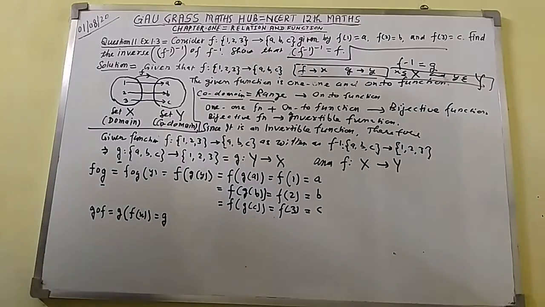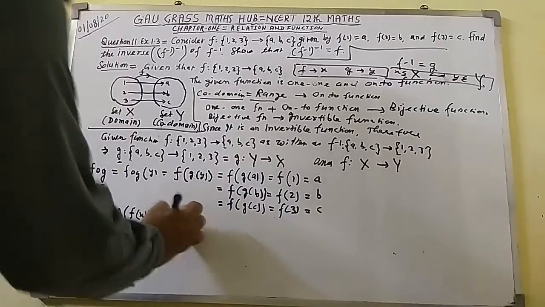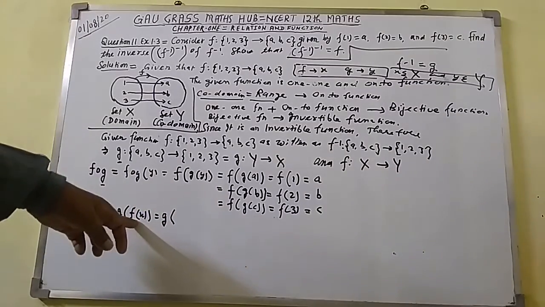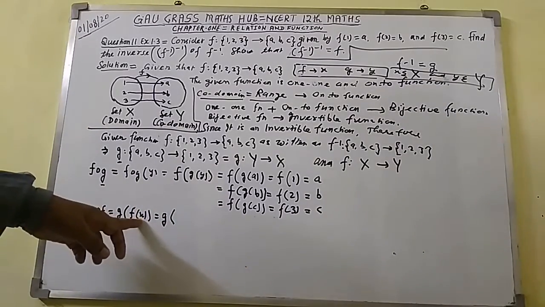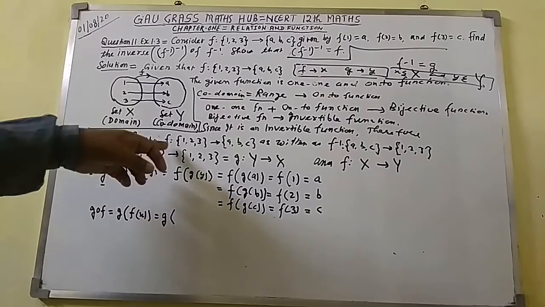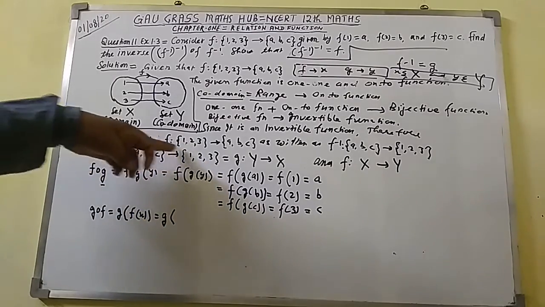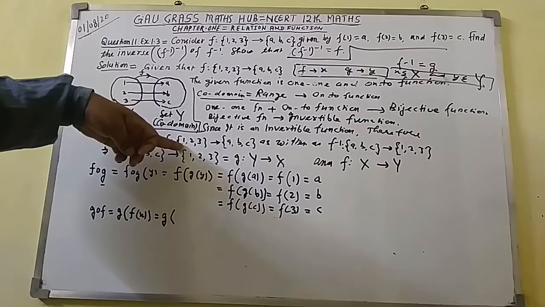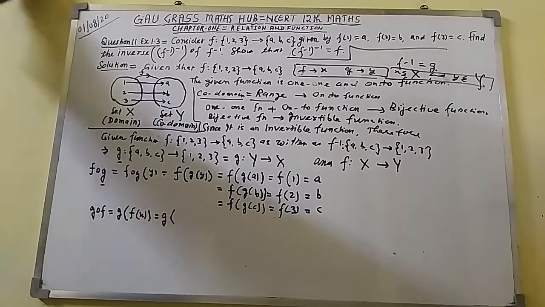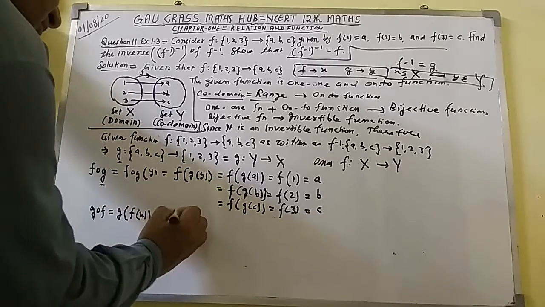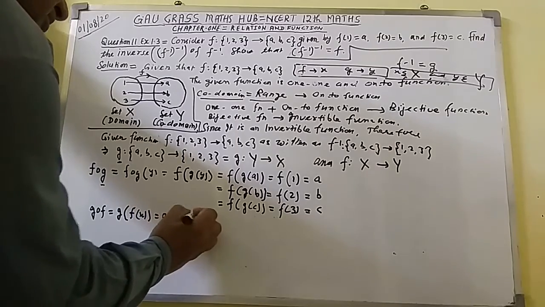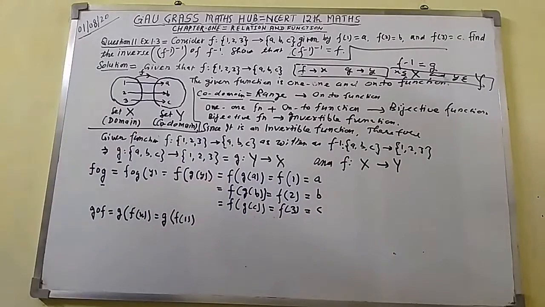Now write here G. Come out here in bracket, now come out to F of x. The x value in case of F of x, you will take from here: that is 1. F1 you will take from here.